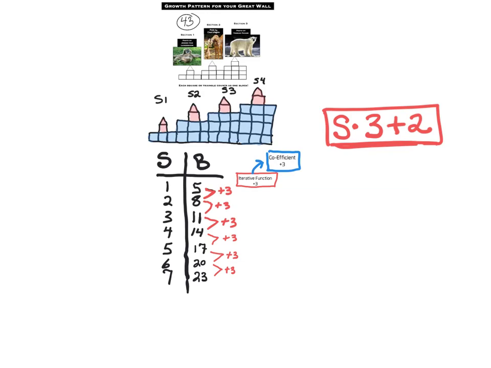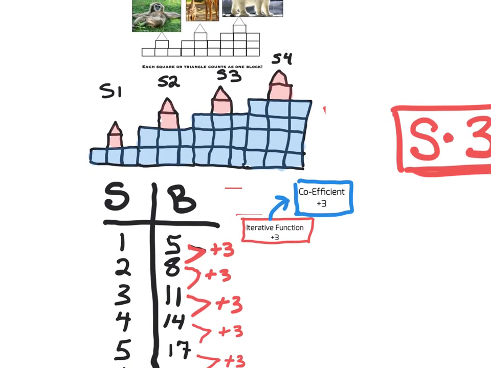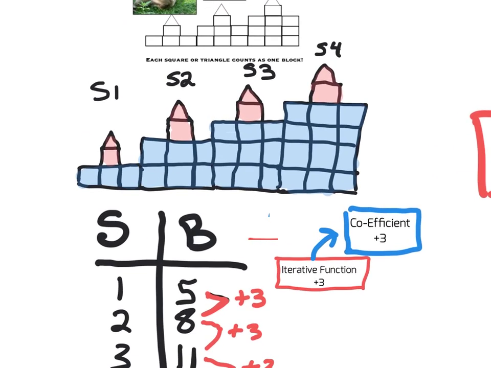And before we do that, I'm going to actually just write in here that this section here is going to be S times 3, right? Because here we have 1 times 3, right? Here we have 2 times 3, 2 groups of 3, which is 6, right?